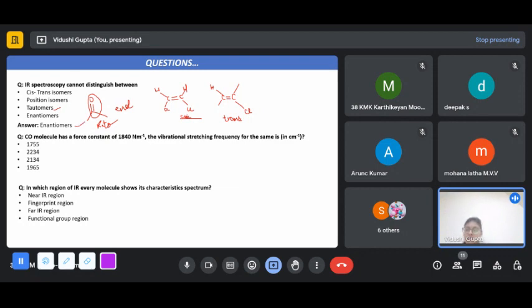Now the next question. A molecule has a force constant of 1840. The vibrational stretching frequency options are 1755, 2034, 2134, and 1965. You have to calculate the stretching frequency, and the force constant is given. Just solve and tell me the value.